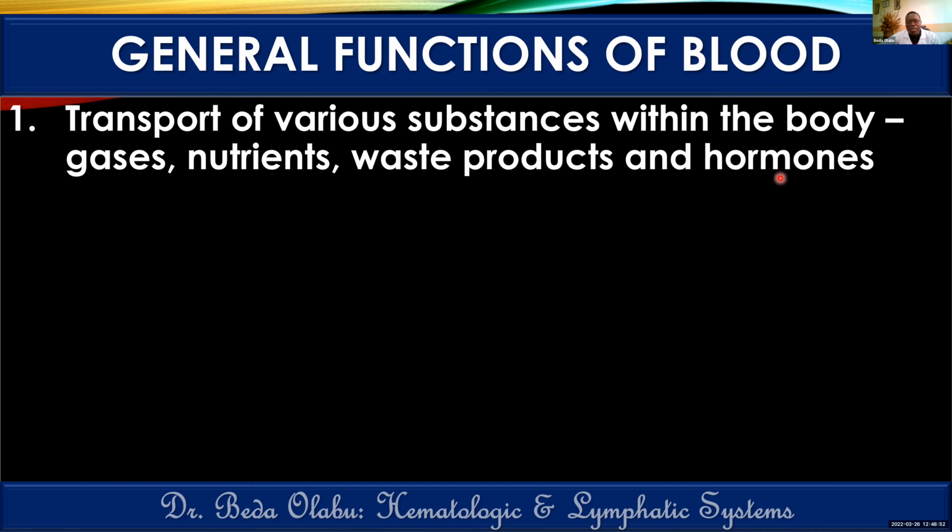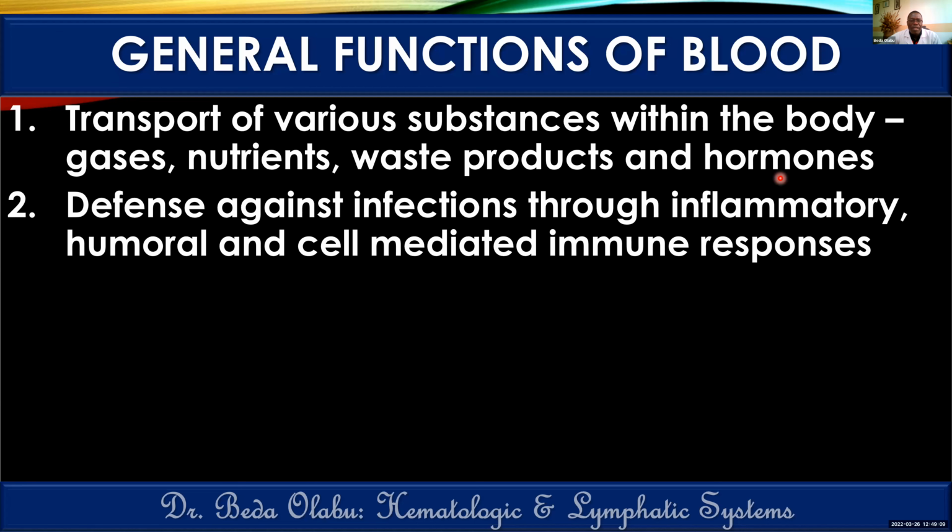It also helps transport hormones from endocrine glands, from their secretory cells to their target organs. For example, transporting oxytocin from the pituitary gland all the way to the uterus. So transport of hormones. Other than the transport functions, blood is important in defense against infection.